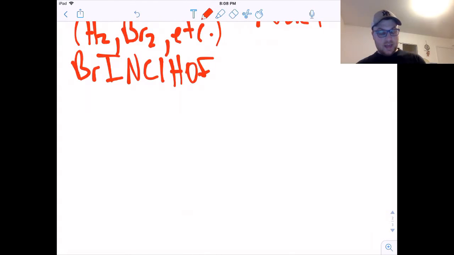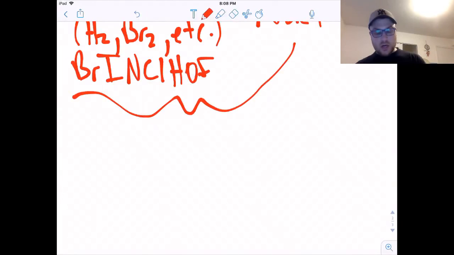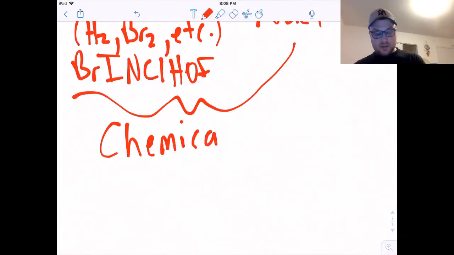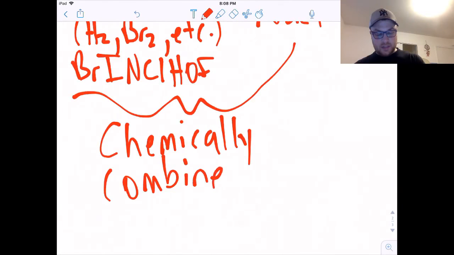And actually before I go on to mixtures, all of these are chemically combined. You cannot separate these physically. An element, you can't separate any more than what it is. When you have Mg, that's Mg. It's made up of Mg atoms.